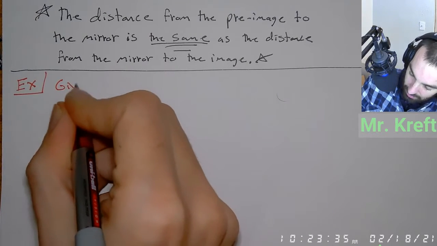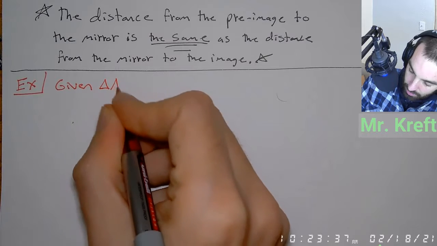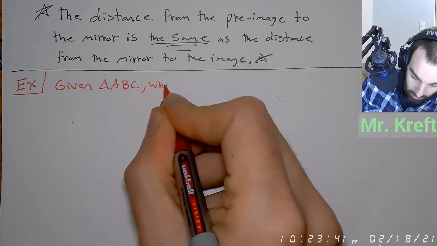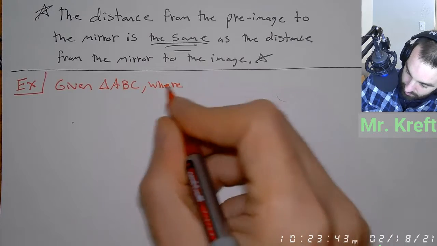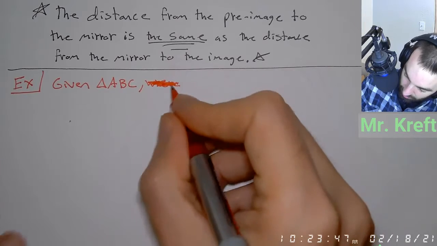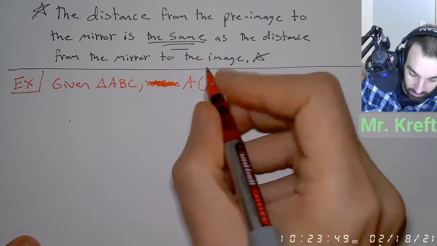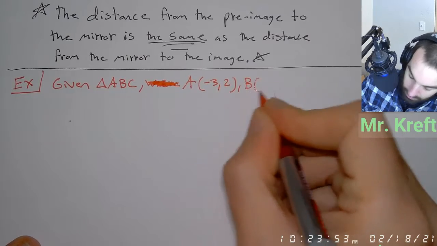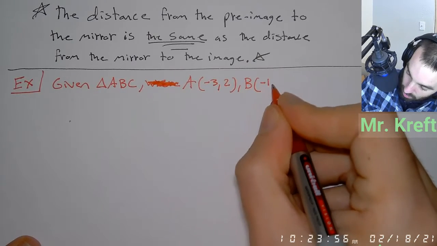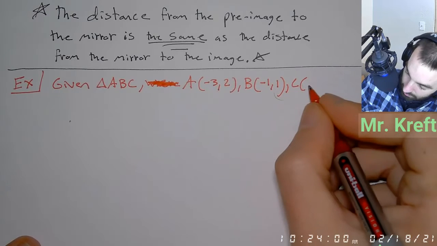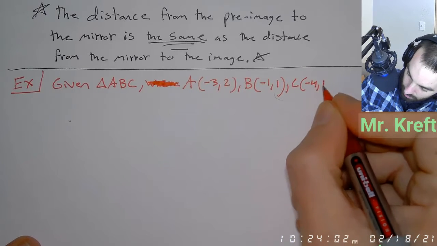So the problem is going to be: given triangle ABC, A is (-3, 2), B is (-1, 1), and C is (-4, 1).